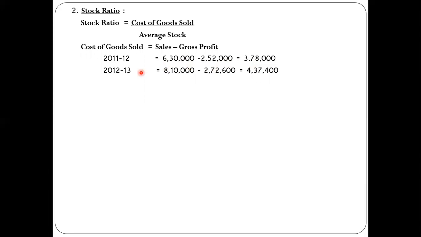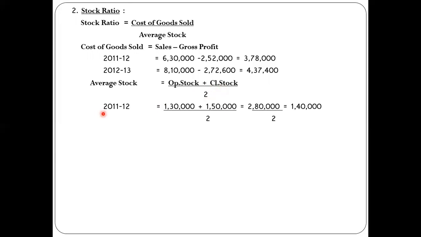In 2012-13, 8,01,000 is sales and gross profit is 2,72,600. So we get the answer 4,37,400. Then we will find out the average stock, that is opening stock plus closing stock divided by 2.